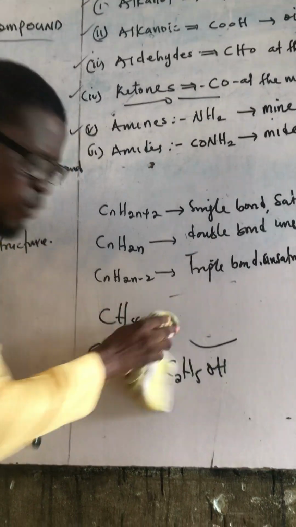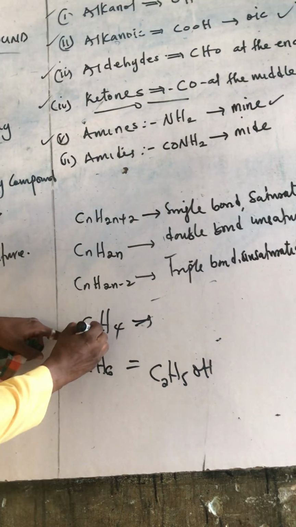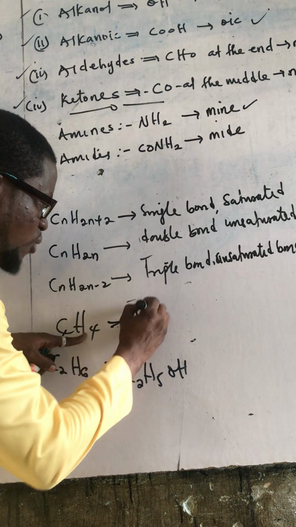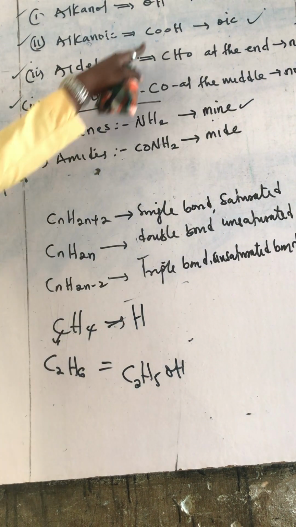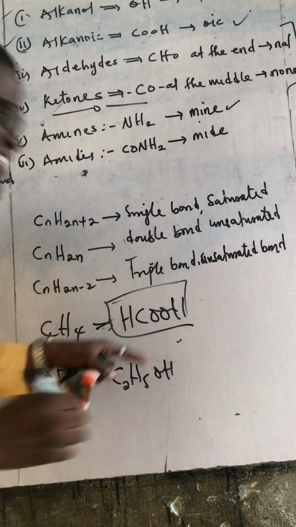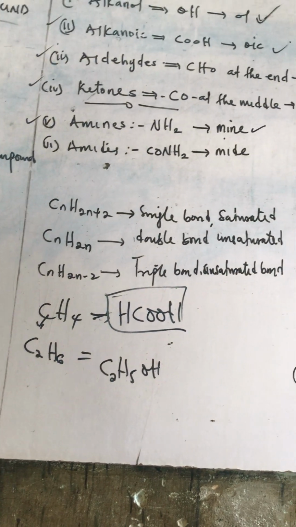For instance, let's do that here now. I want to remove one atom of carbon. Of course, when I remove carbon, this one is gone. Then they said 3 hydrogen must also go. So I'll be having 1 hydrogen left. Then with what? COOH. What you have on the board is methanoic acid. It's just as simple as that.